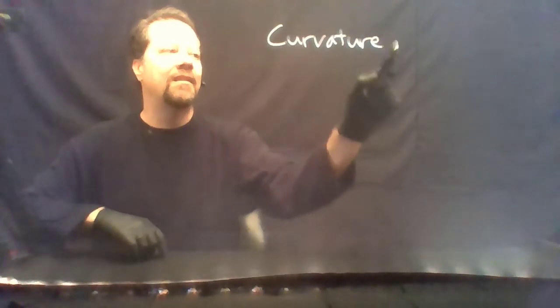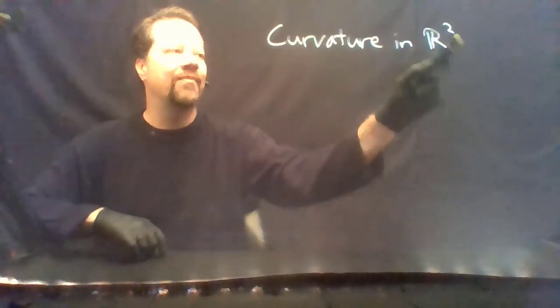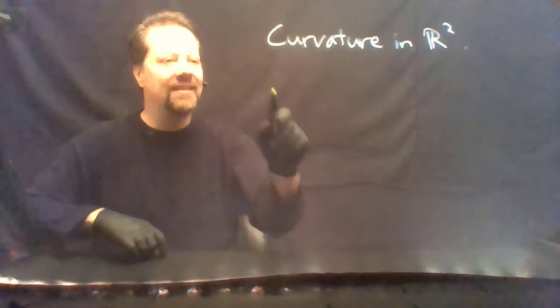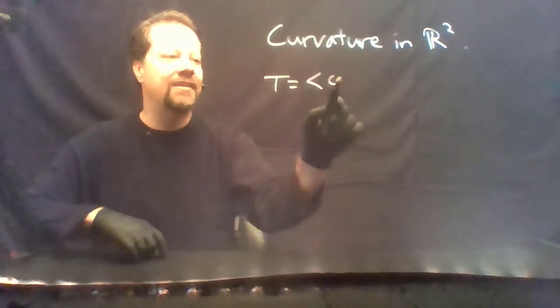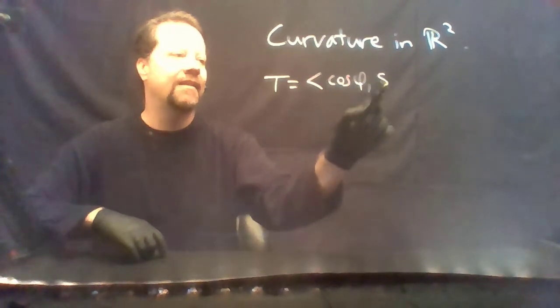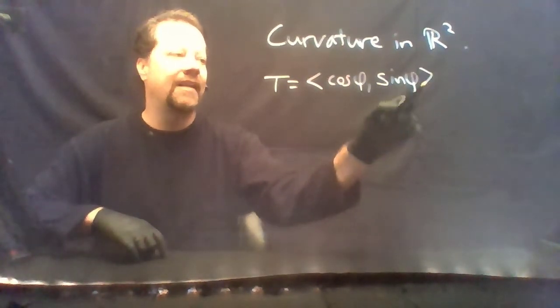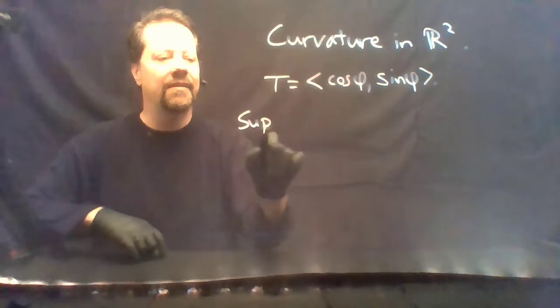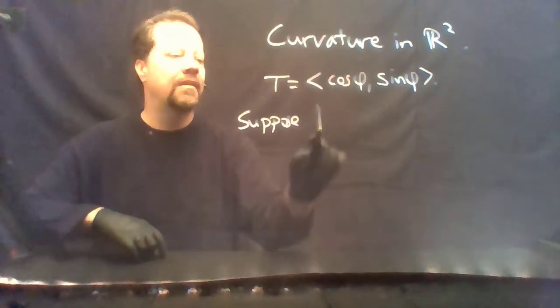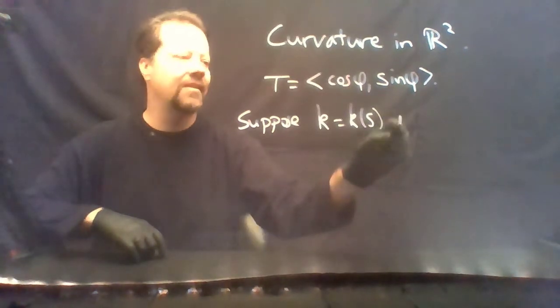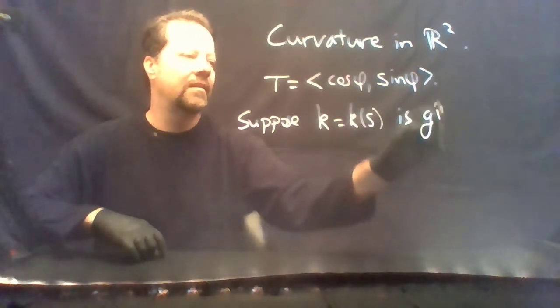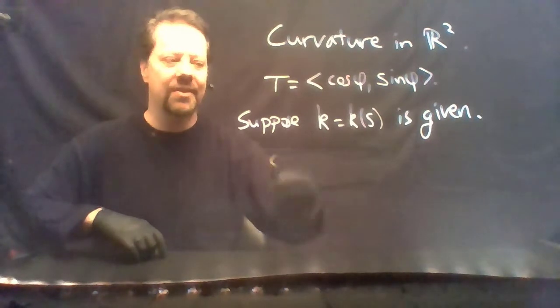I want to go back for a moment and look at curvature in R2. In particular, note that the tangent vector is cosine phi, sine phi. Suppose the curvature is a known function of s. It's just given.